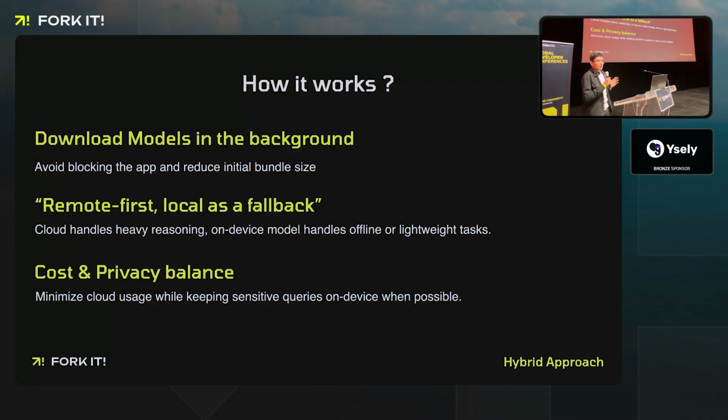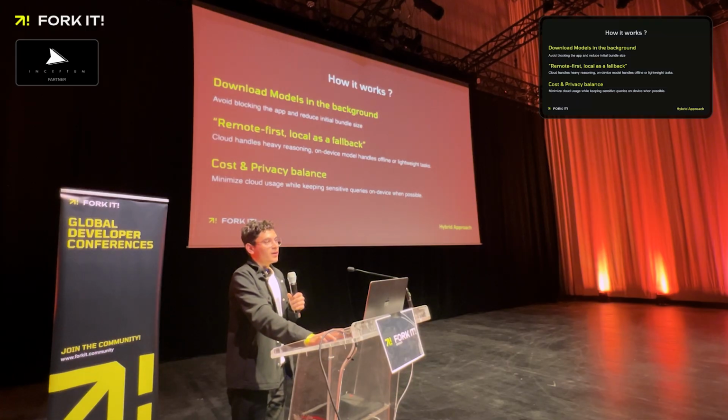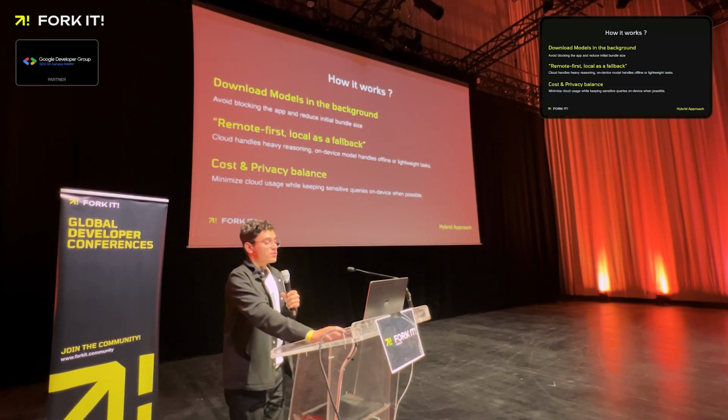For example, when someone downloads the app, we start downloading the local model in the background and save it for the time we need it. But mainly we use the remote and use the local as a fallback if there are network issues, for example, or for easy prompts that don't require us to pay for another service to get the result.